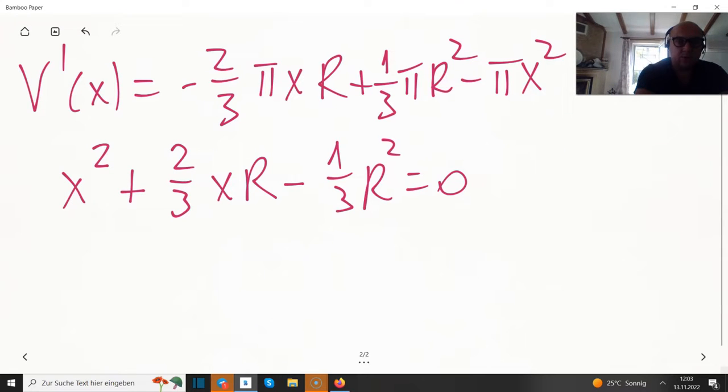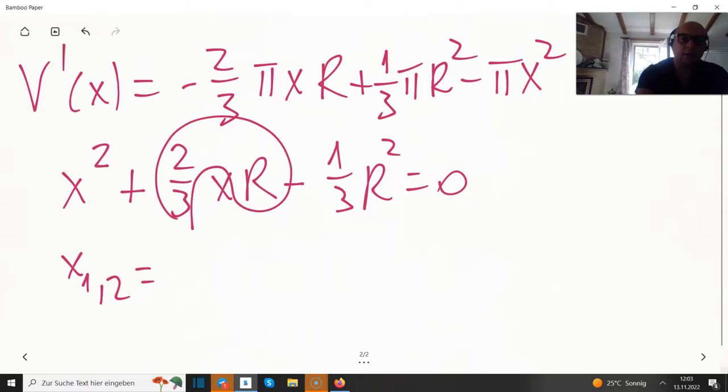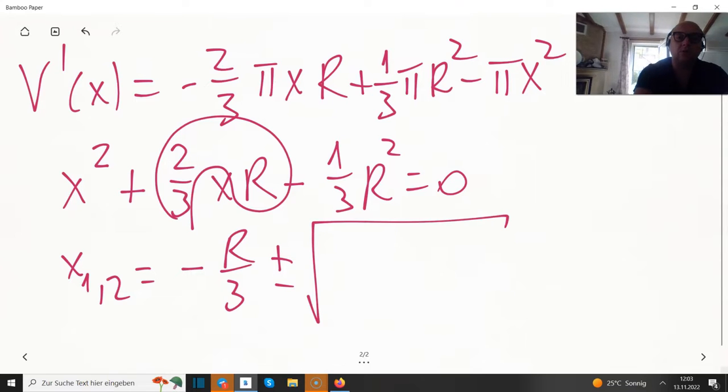And now we just apply one of the formulas that is maybe known to you. So we got our constant is this one. I'm using the so-called PQ formula from Germany. This is minus R divided by 3 plus minus square root of R squared divided by 9. And now we have minus this one, which is a plus R squared divided by 3. I would like to get the same denominator, so I'm putting 3 here, becoming 9 there.